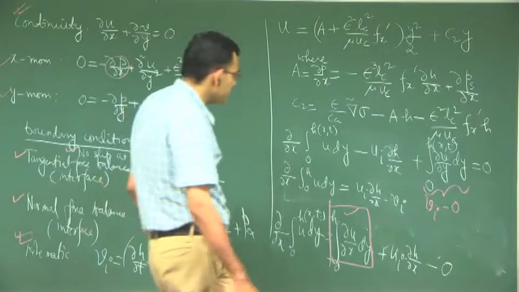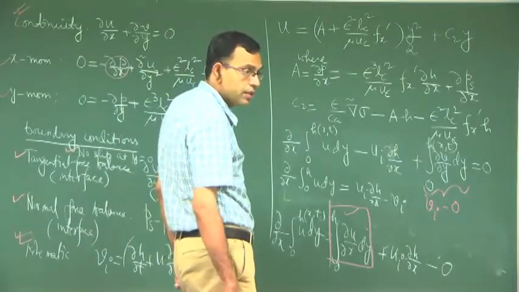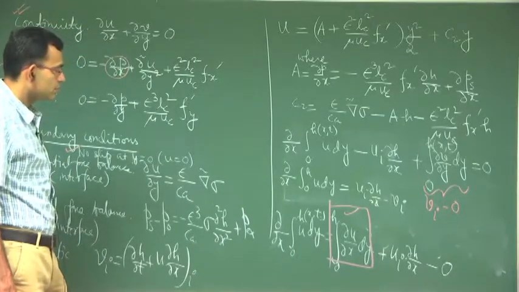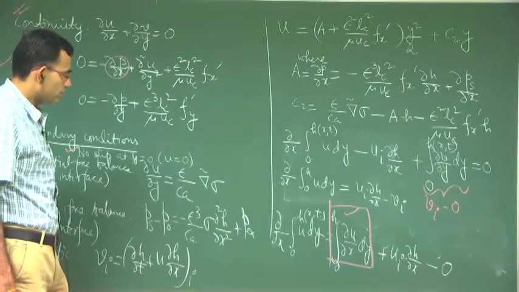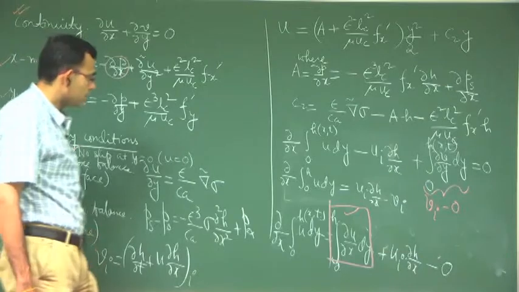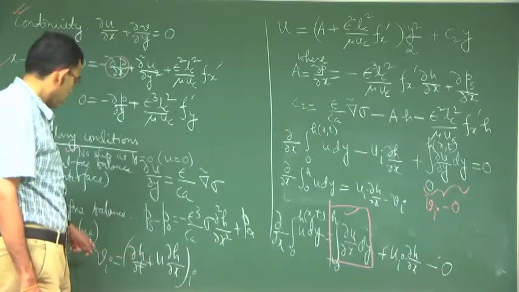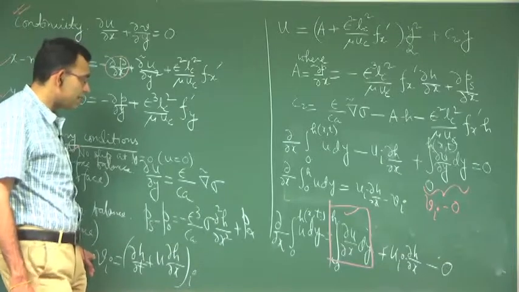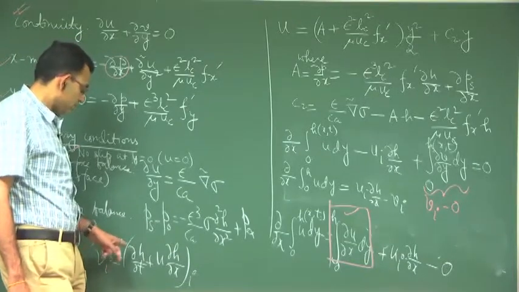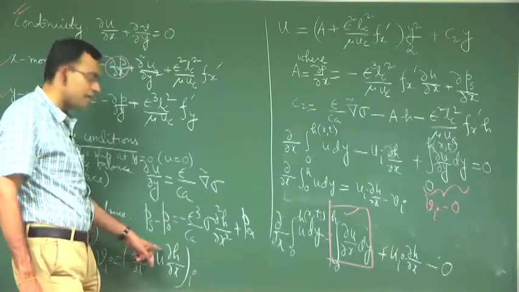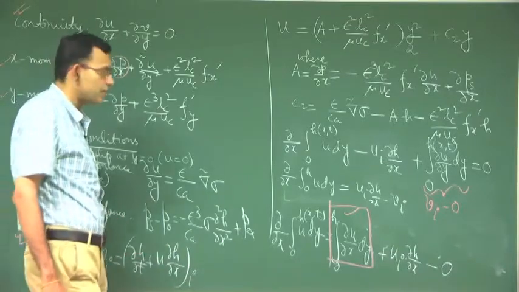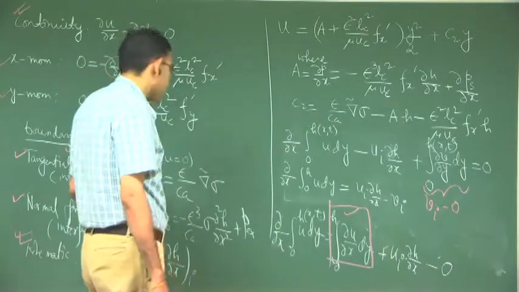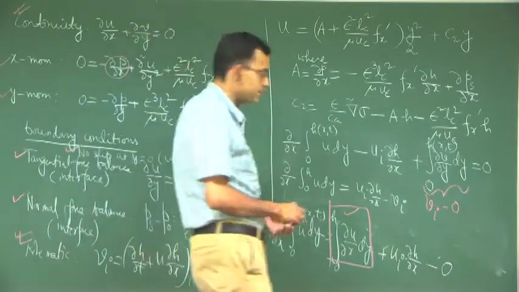Which one is minus? It's okay. So, you are left with now this kinematic boundary condition which says Vi is equal to del h del t plus u del h del x, right. So, u del h del x minus Vi is minus del h del t.